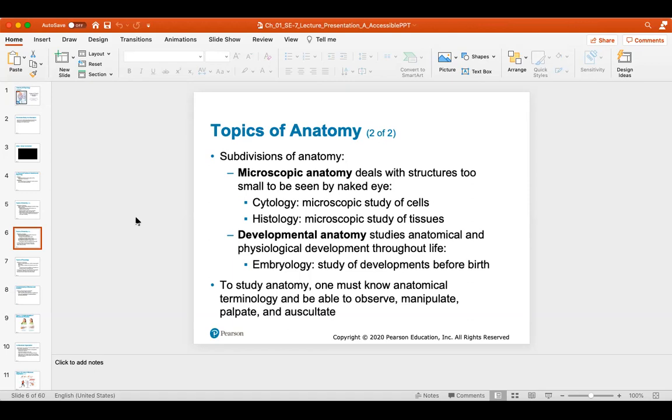So I think that's a really interesting part of anatomy too. To study anatomy, one must know anatomical terminology, as you're well aware of, which we're going to briefly review, and be able to observe, manipulate, palpate, and auscultate. Palpate means to touch, and auscultate means to hear.